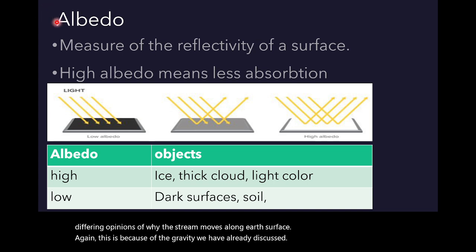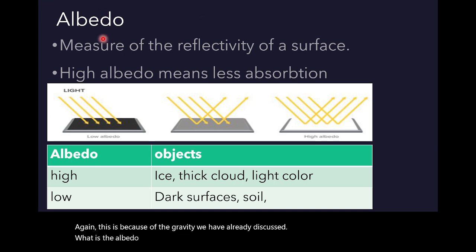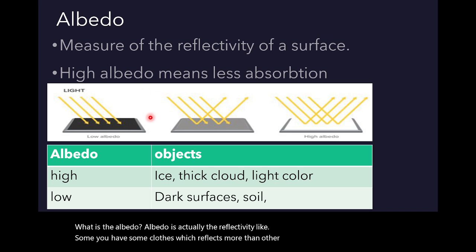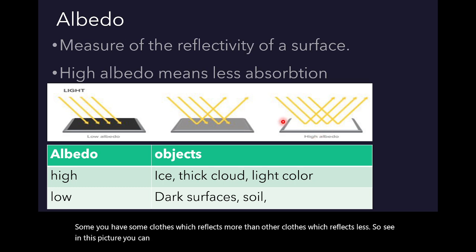Now, what is albedo? Albedo is actually the reflectivity. Like, you have some cloths which reflect more than other cloths which reflect less. So see in this picture, you can see high albedo. This surface reflects most. This surface reflects some, this gray color.